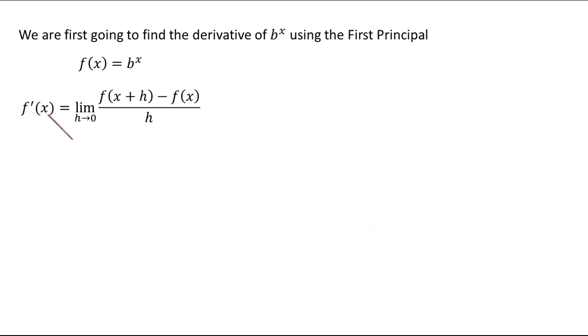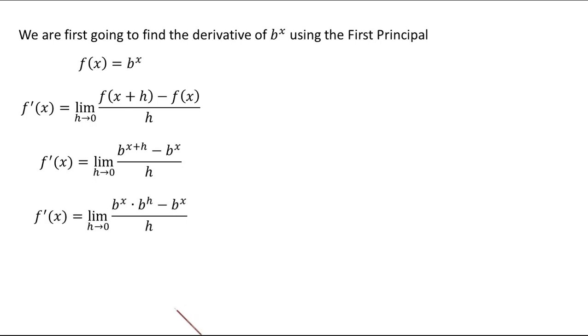So the derivative of it is limit as h tends to 0, function of x plus h minus function of x, the whole upon h. We substitute: limit as h tends to 0, b raised to x plus h minus b raised to x, the whole upon h. We can split this x plus h as b raised to x multiplied by b raised to h.